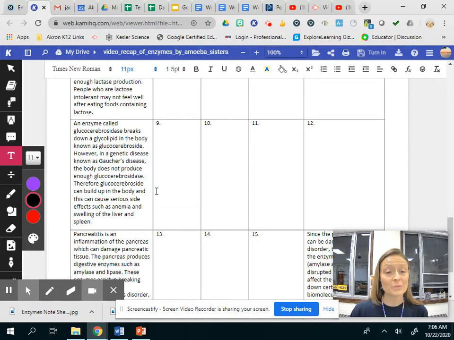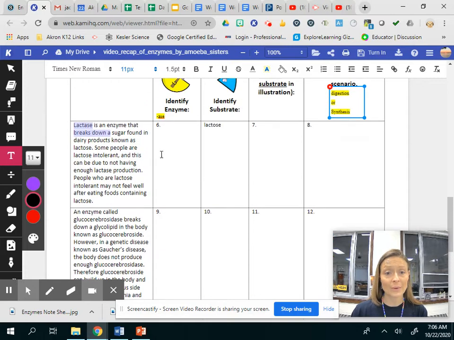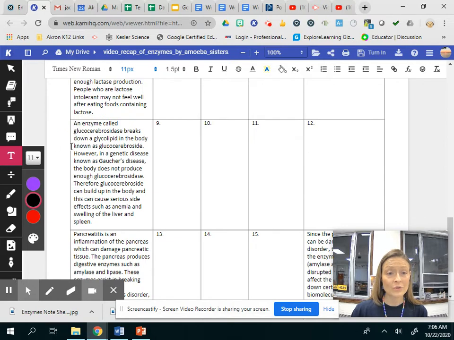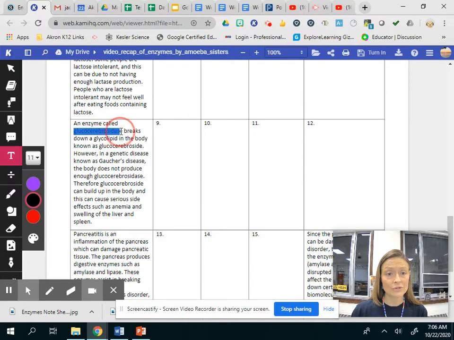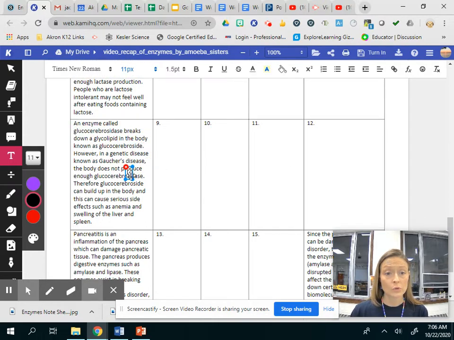Therefore, glucocerebroside can build up in the body and cause serious side effects, such as anemia and swelling of the liver and the spleen. Okay, these words are very big and very hard, but I gave you a clue, okay? If it ends with ASE, that's your enzyme. So you have to look through, there's some big words in here. Right here, ASE. So there's your enzyme. And it breaks down, so there's our other clue, it breaks down this one here, okay, glucocerebroside.